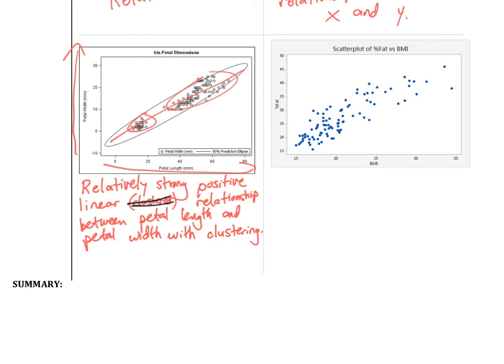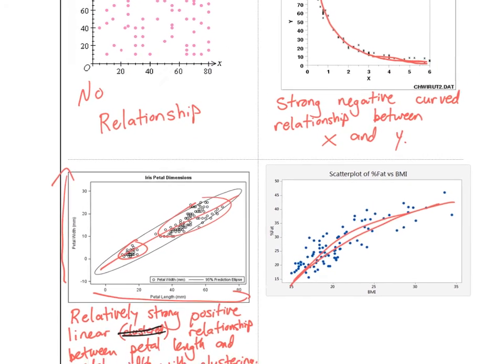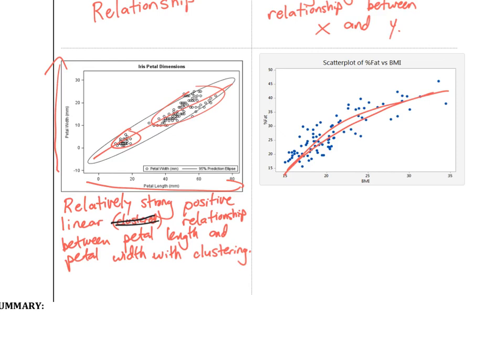All right, and the next one, do you see how there is sort of a relationship here? See how they kind of are grouped together a little bit? They kind of form that curve, but it's not really close like the one above it. The one above is really tight together, and this one's not. And it says percent fat versus BMI. So what we would say is it's weak. This is weak, relatively weak.